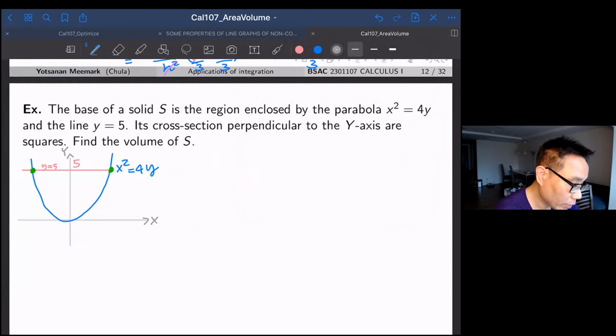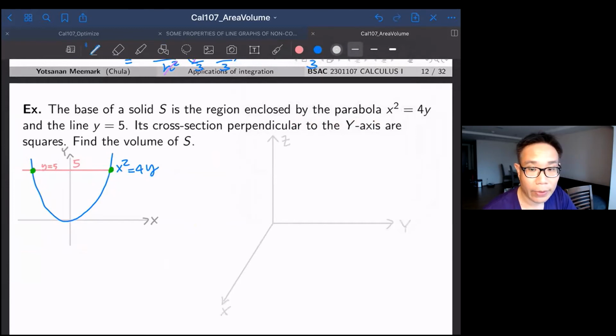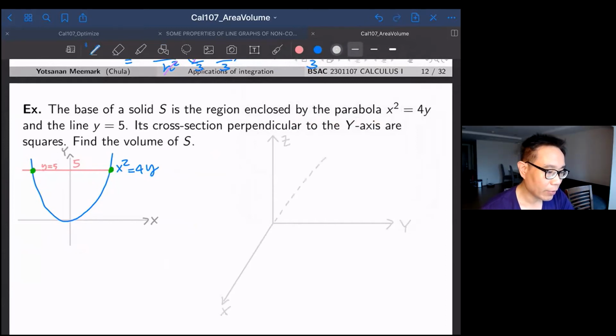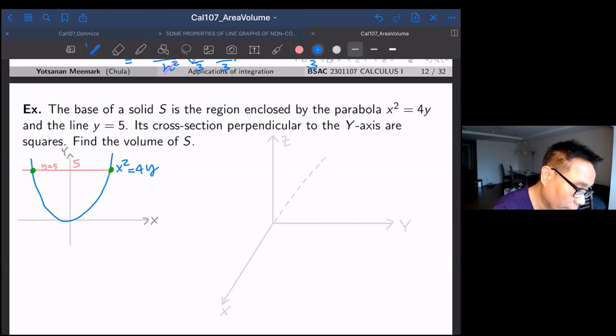Okay, so let's draw this in three dimensions. So if you want to draw this one in 3D, this one is going to be x, y, and you have the z axis. So for this one, you have z, you have x, and you have y, okay? And you see that you're going to have x back here, like this. And the parabola is going to be on the floor.